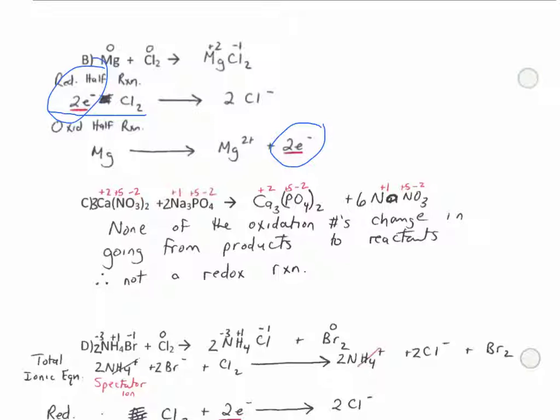Whereas in an oxidation half reaction, you'll always see the electrons on the product side, or the right-hand side, because electrons are always being lost in an oxidation process.